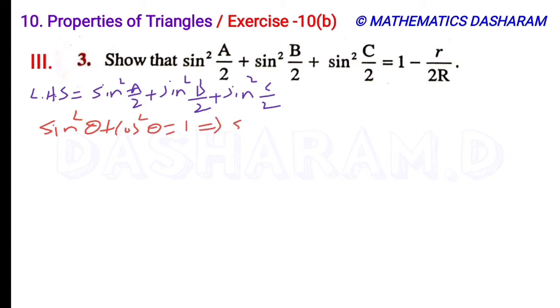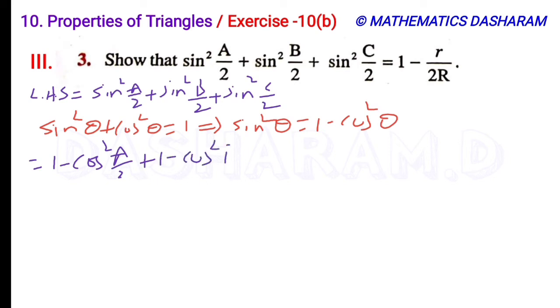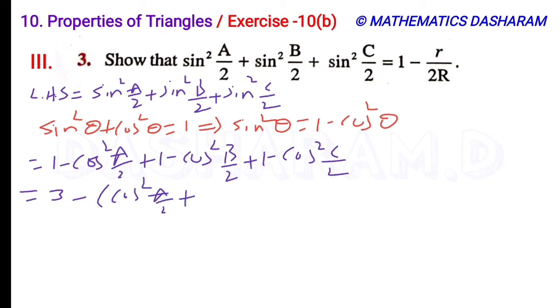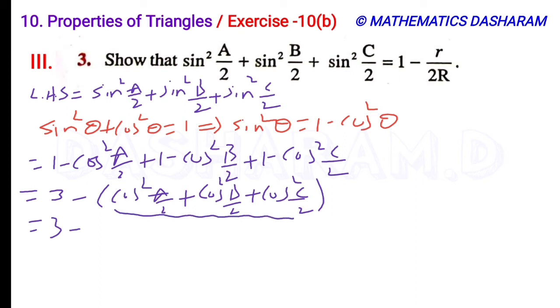From this, sin²θ equals 1 minus cos²θ. So here we can write 1 minus cos²(A/2) plus 1 minus cos²(B/2) plus 1 minus cos²(C/2). Here 1, 1, 1, so total 3, and take the minus common. So cos²(A/2) plus, so 3 minus its value, we already proved in the second question.